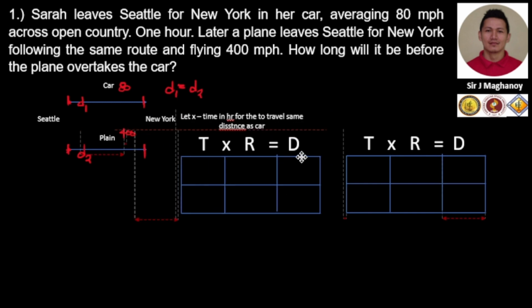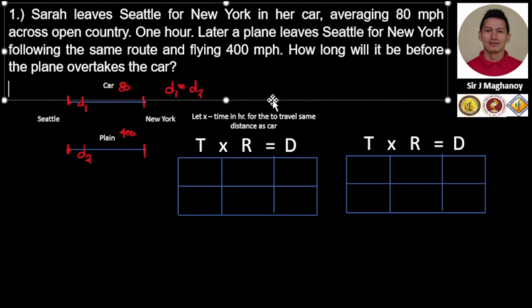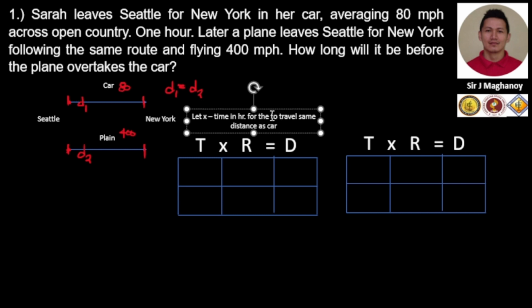In box number 1, we let x be the time traveled, the time in hours for the plane to travel the same distance as the car.